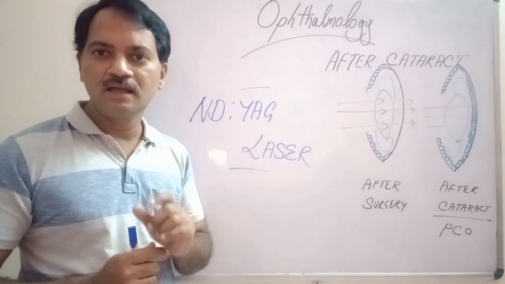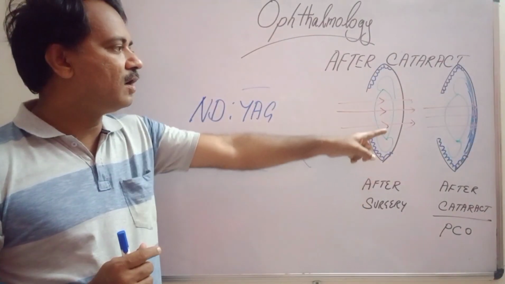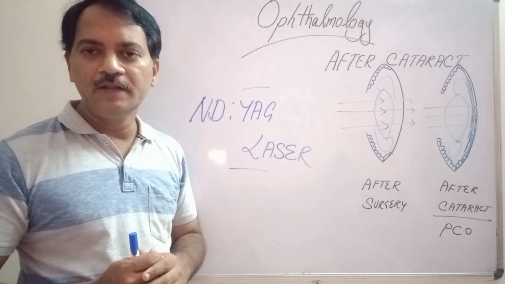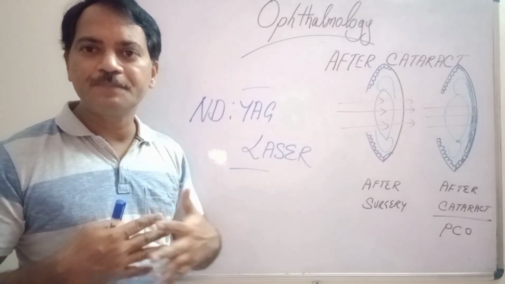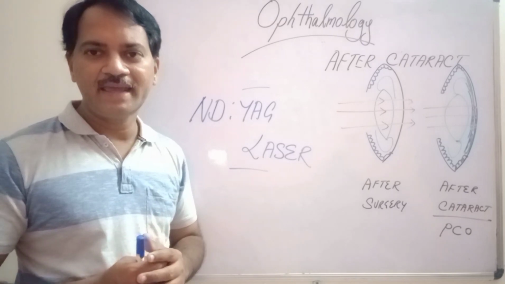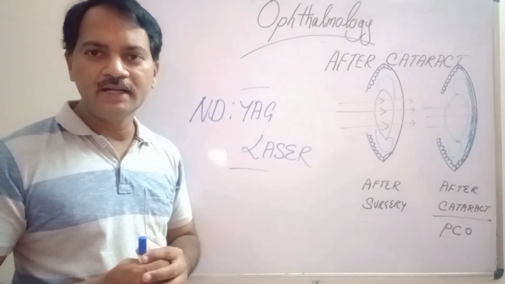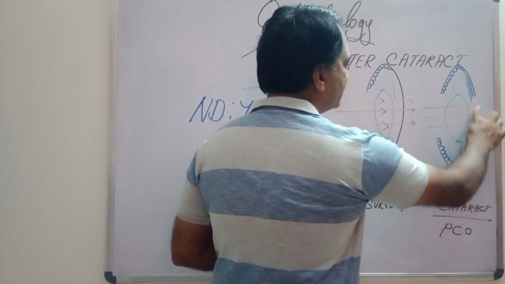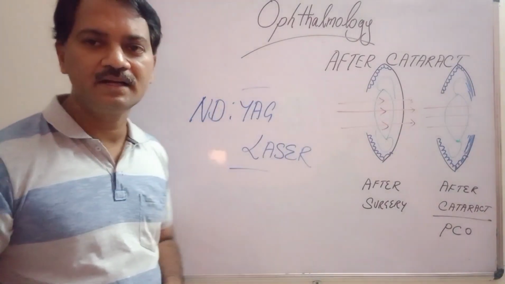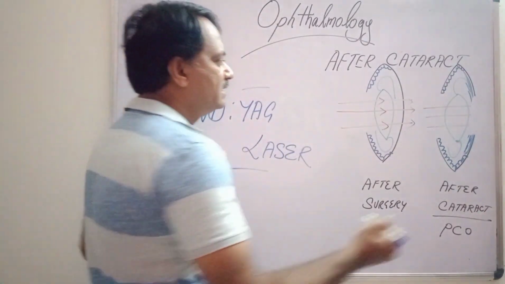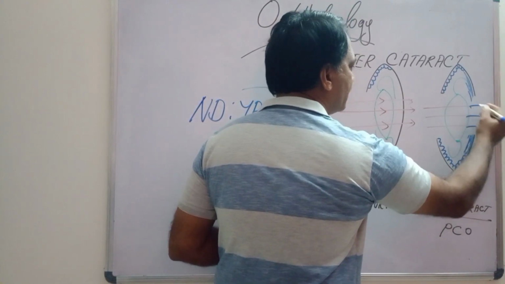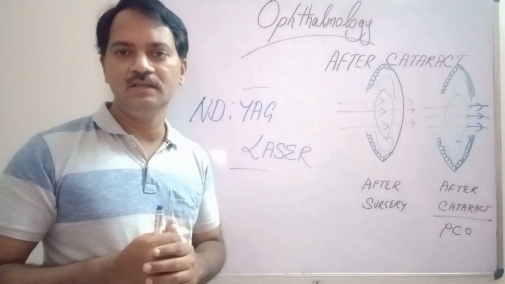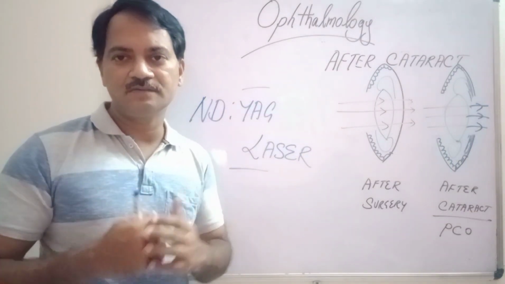When these laser rays are applied to this after cataract, it will cause photodisruption of this capsule, so that an opening is created here, so that these rays can pass now and fall on the retina, giving back the vision.